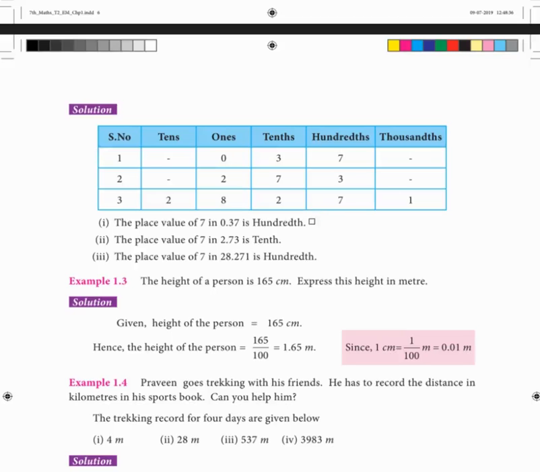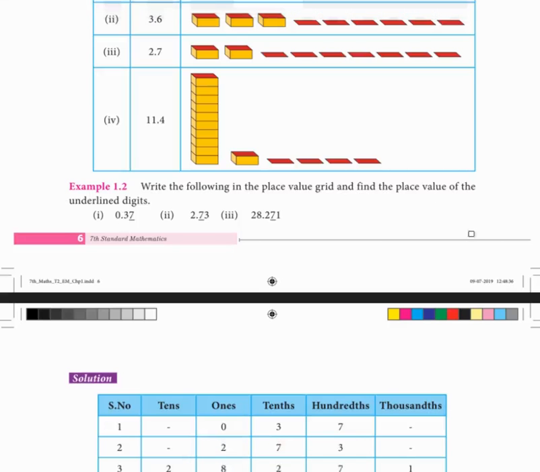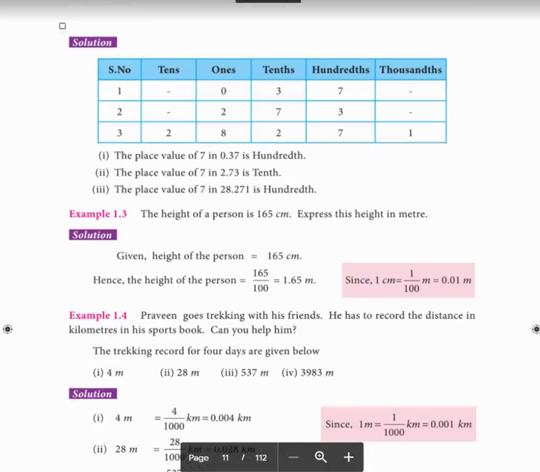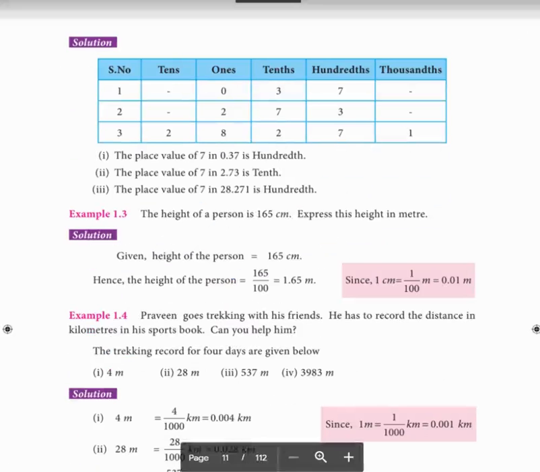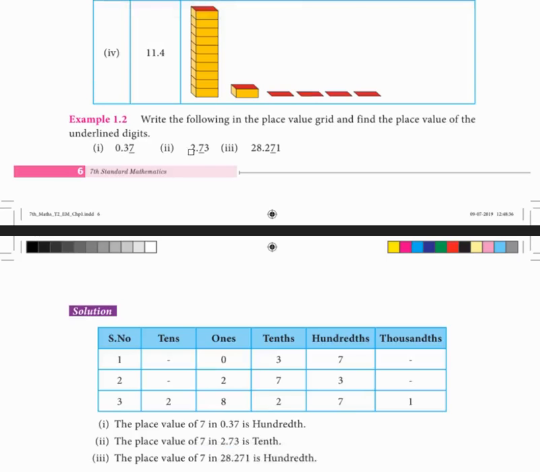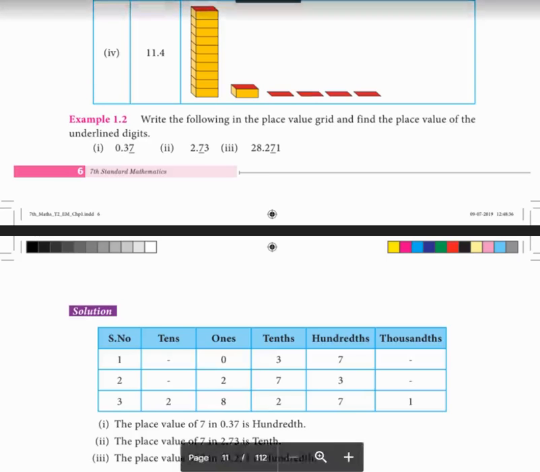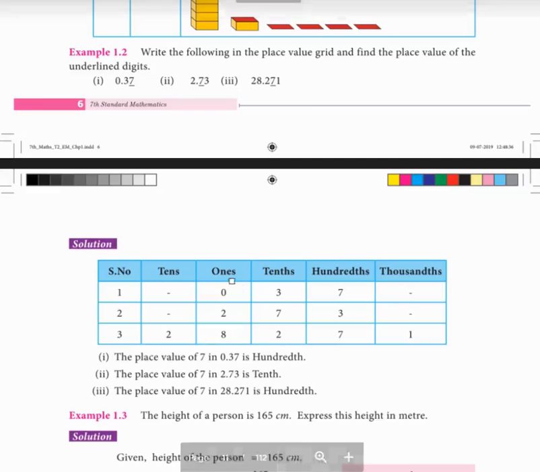So first sum, I'm going to write 0.37 in a place value grid. First we have to draw a tabular column like this, and then write. Based on the digits we have, we draw the tabular column, right? First ones, tens, and on this side 3 digits, so tenths, hundredths, thousandths. Headings we have to write like this.